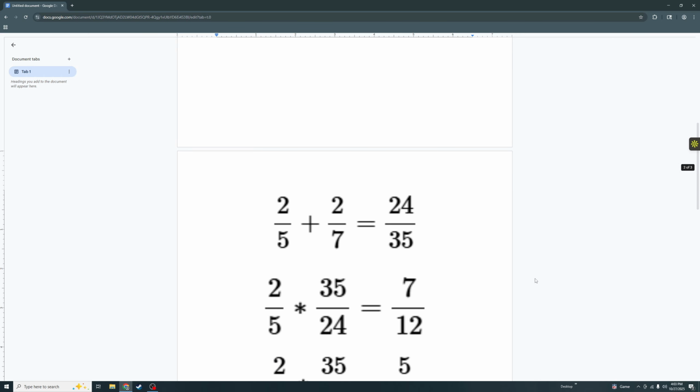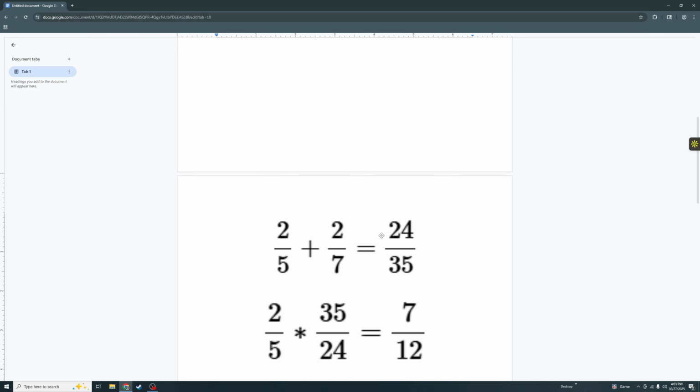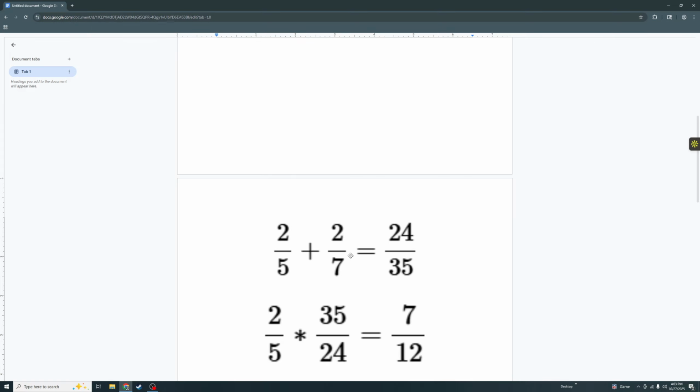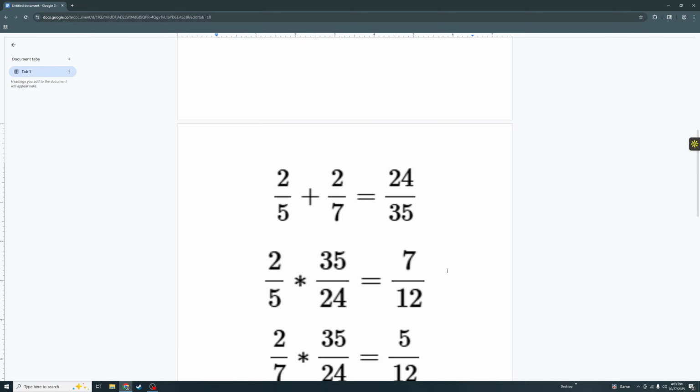So what you then want to do is add those two fractions together, as you can see right here. 2/5 plus 2/7, when you find the common denominator of 35, gives you 24 over 35. Then you multiply each of those respective fractions by the reciprocal, 35 over 24.